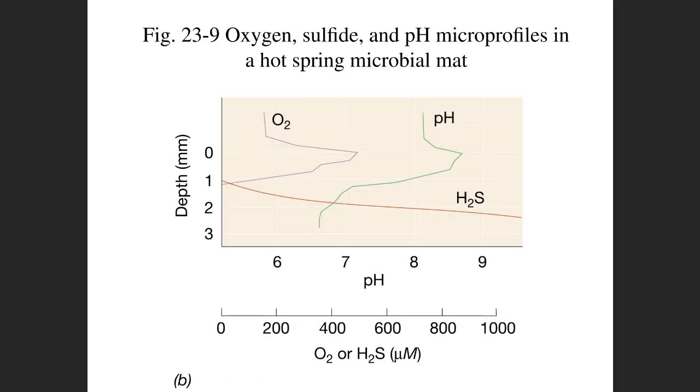Now you can take the same approach to measure the water column in that lake, and so for example you can measure oxygen and then the pH. So the oxygen is here, and this is measuring pH 6 to 7, and then you can see the pH actually changes around.